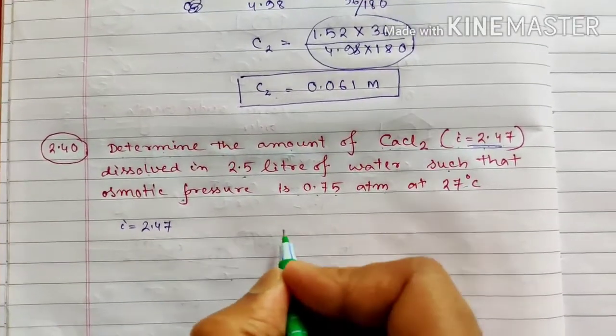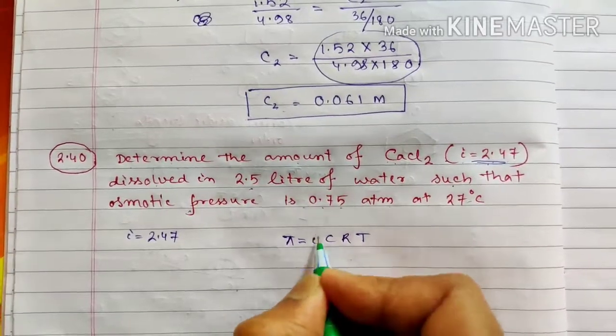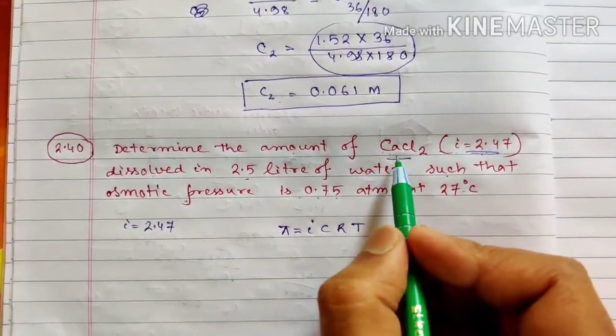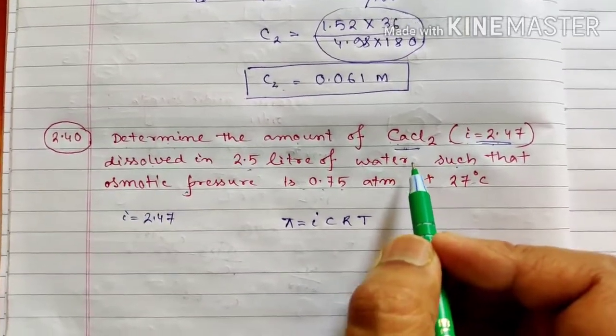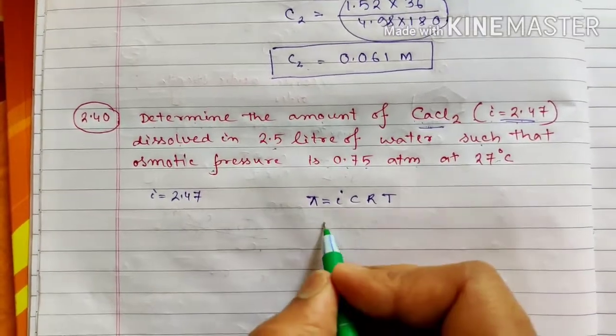So here i is given 2.47. Here pi should be CRT but multiplied with i, because we are taking an electrolyte which will be dissociated, giving rise to more number of particles in the solution.